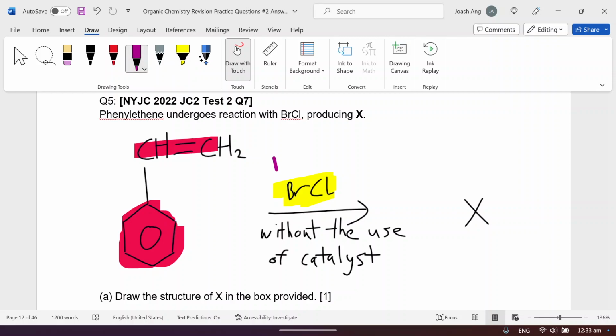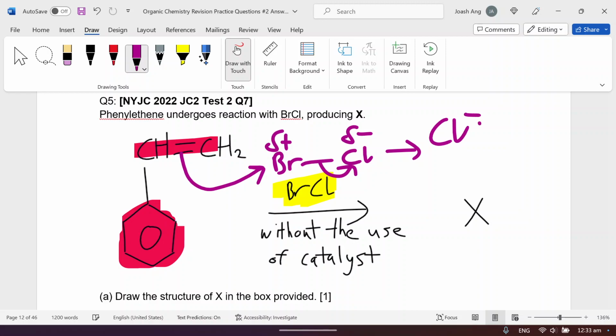So you can see right here, this partially positive Br will be electrophilic and will be attacked by the nucleophilic pi bond of the alkene. And this pushes Cl to form the Cl- ion as well as the carbocation being formed.